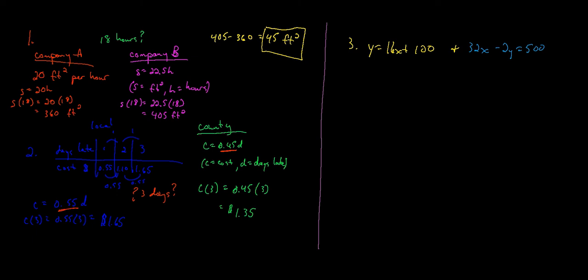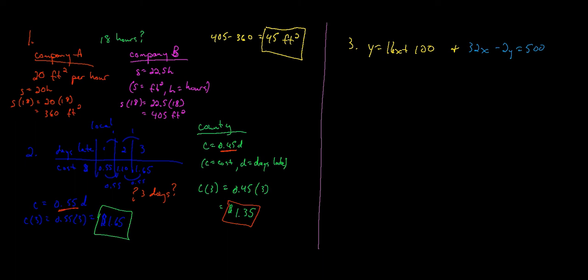Which makes sense because with the difference of 10 cents per day, 55 cents compared to 45 cents, that'd be a difference of 30 cents. And at 3 days, the late fees from the local library on each book is going to be $1.65, and for the county library, it's going to be $1.35.